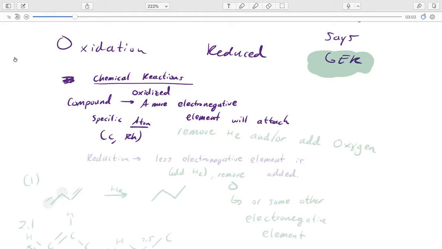And if we're talking about reduction, it's exactly the opposite. A less electronegative element is added. So how does that work?